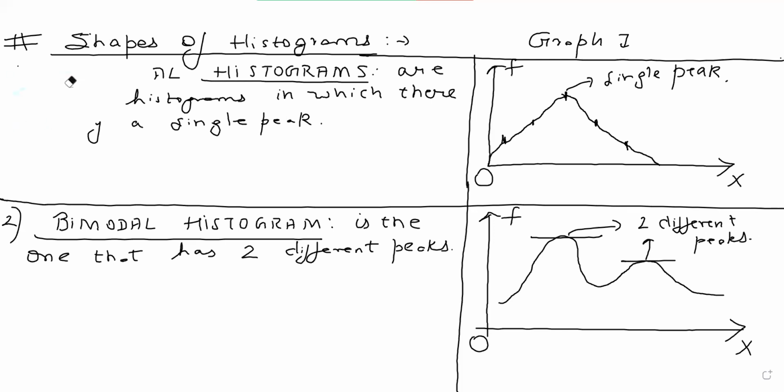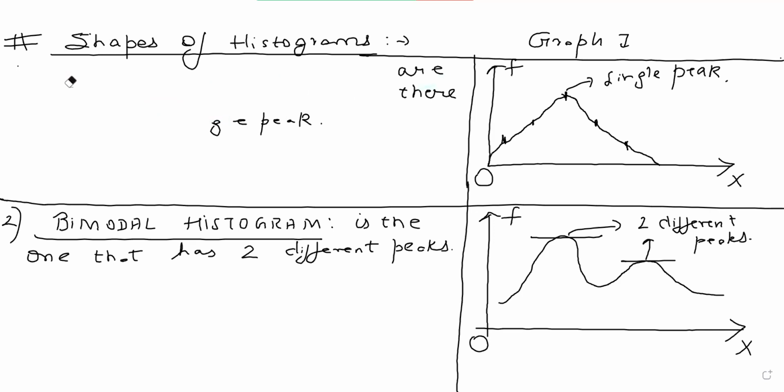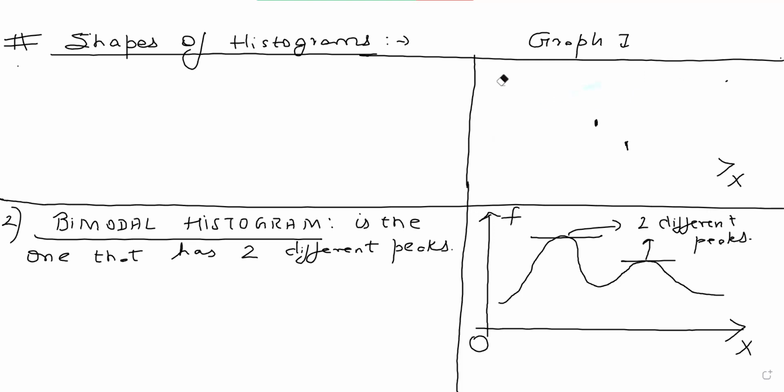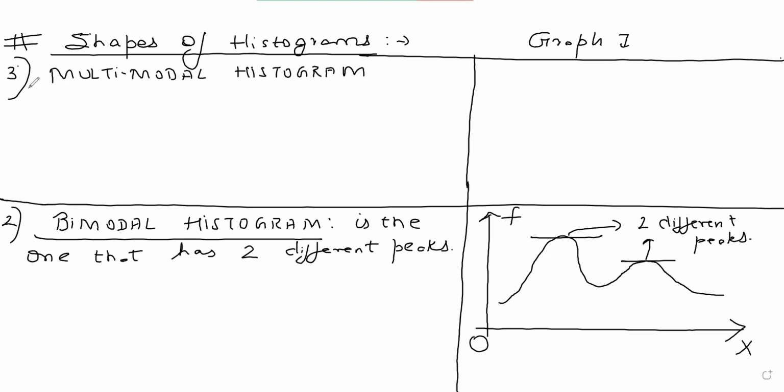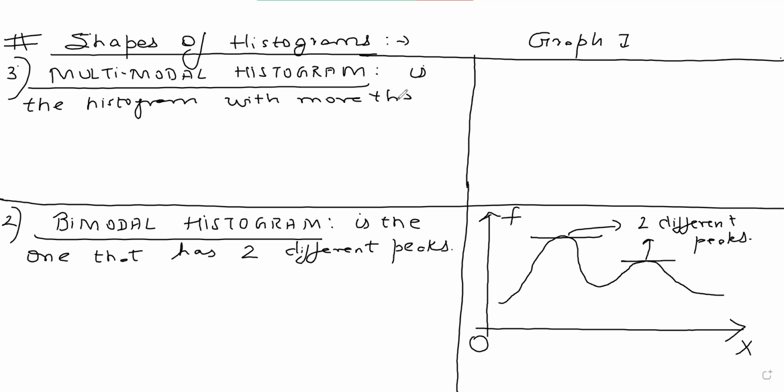Similarly, on the top, I can erase the first point and I can write multimodal histogram. A multimodal histogram is a histogram with more than two peaks.